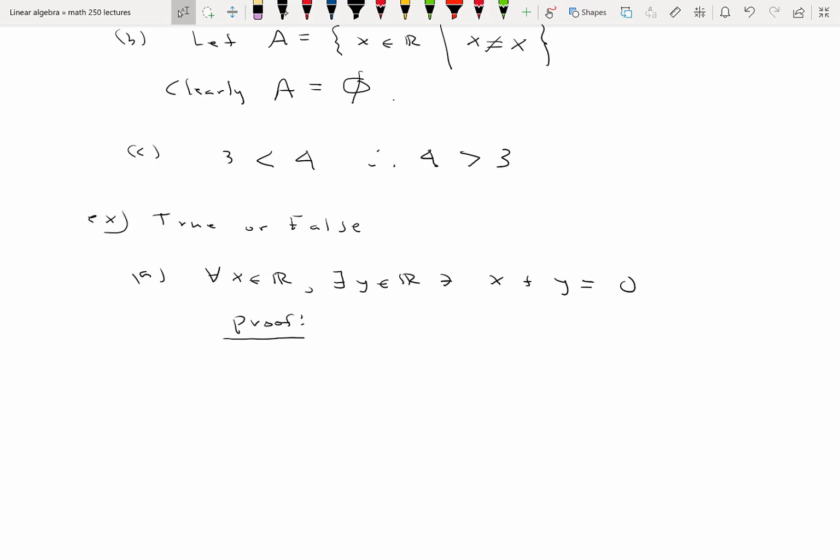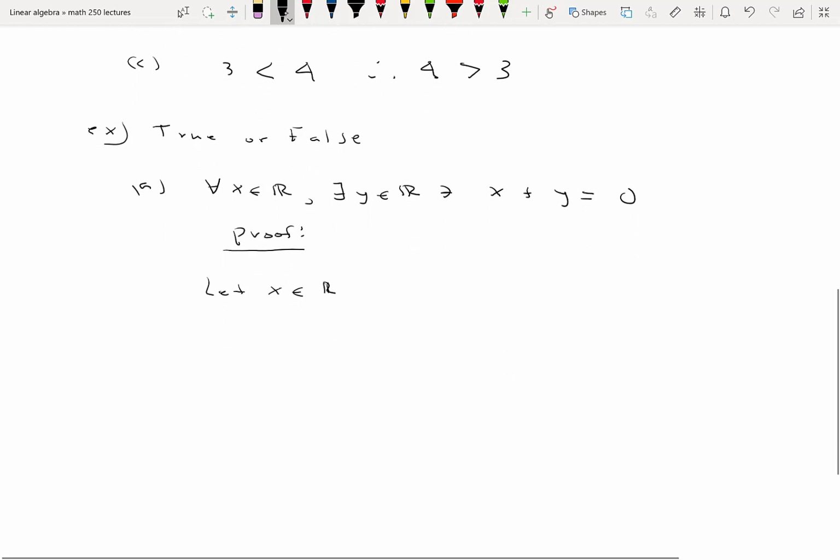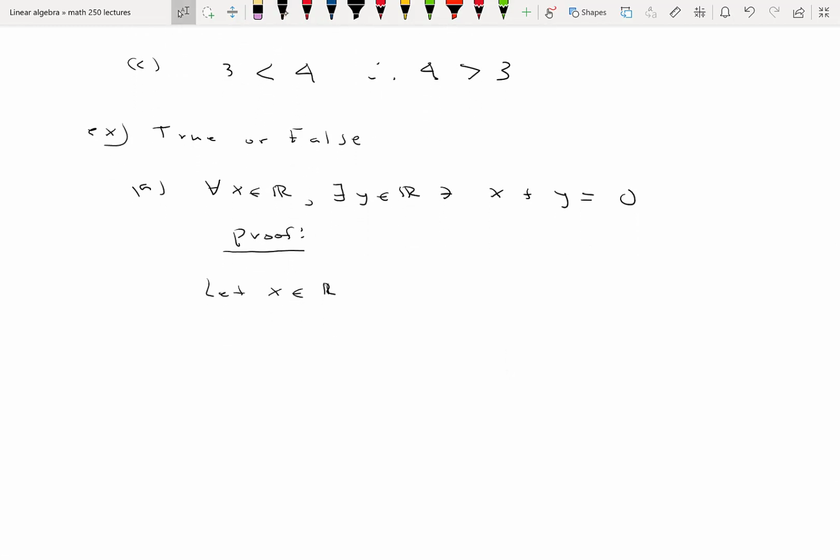I want to prove that for every real number x, I can find a real number y such that x plus y is 0. So let x be a real number. Start out with a real number. Which one? I'm not going to say. This is supposed to be true for all x. I'm just picking an arbitrary real number.